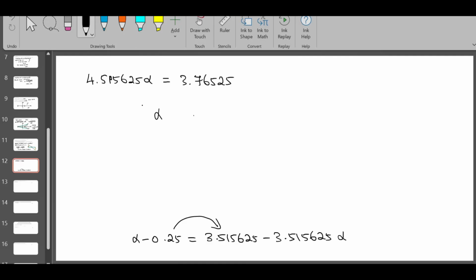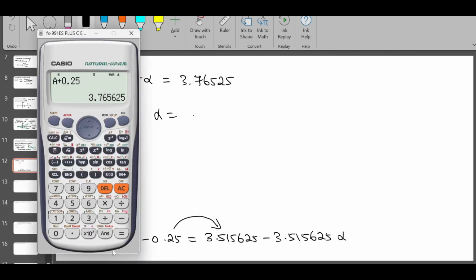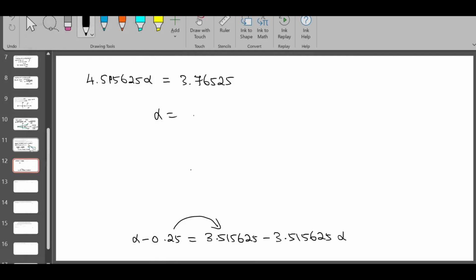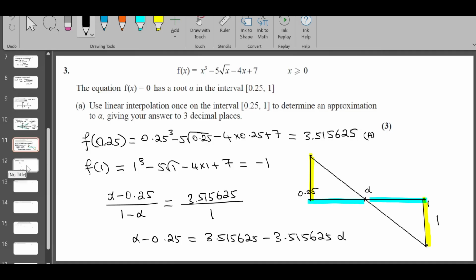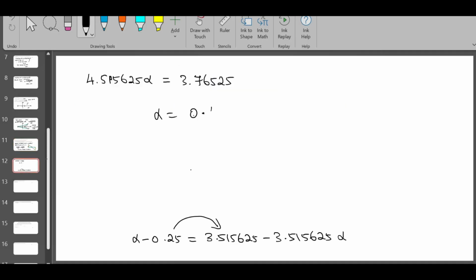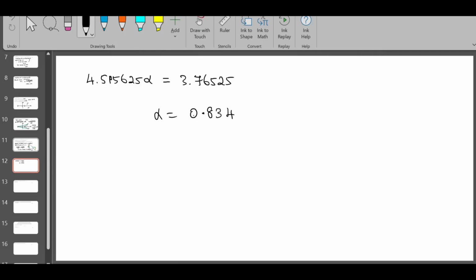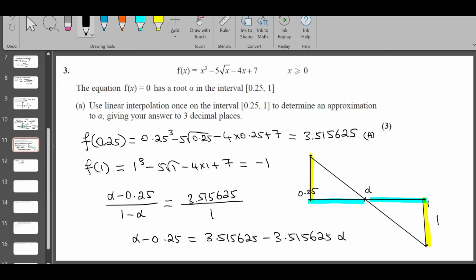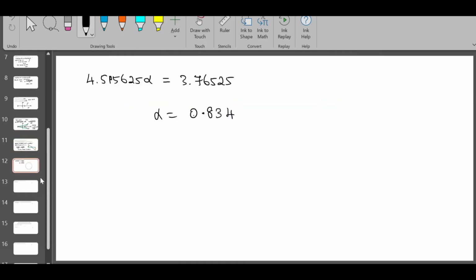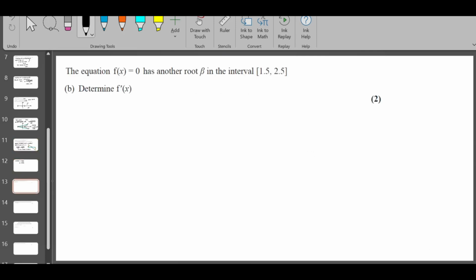So alpha is equal to this divided by 4.515625, which is 0.8339. But look at the question, they want the answer to 3 decimal places. So 0.834, that's the value of alpha. They just want us to use the interpolation method only once. So that's the answer. Let's move on to part B now.